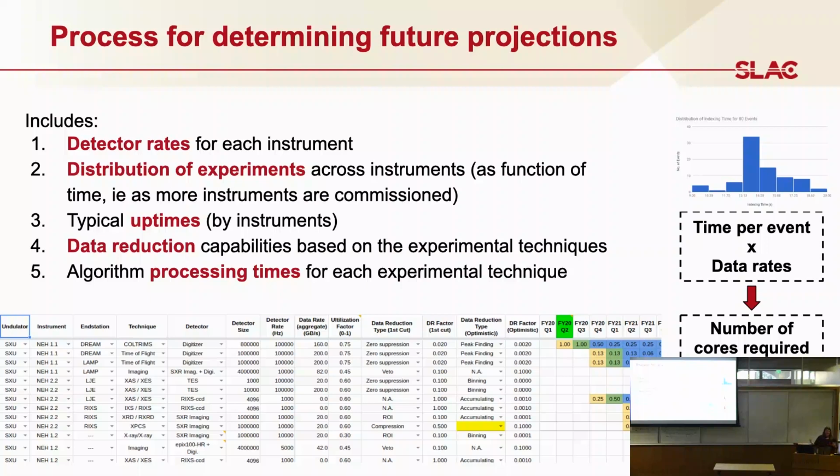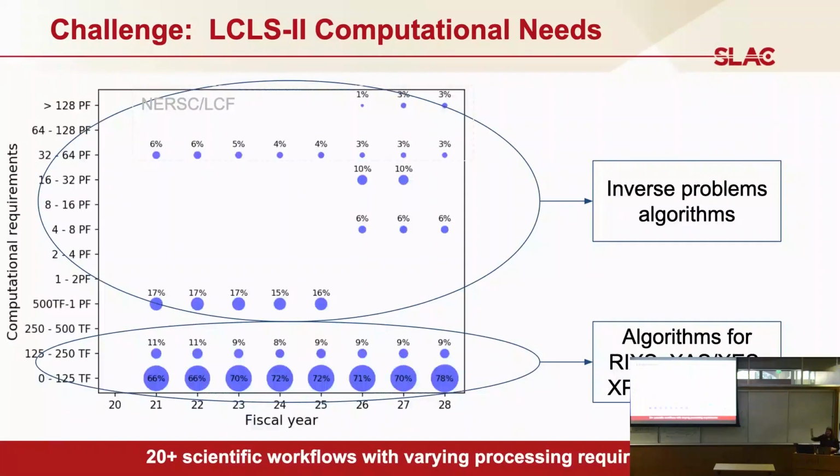And we ran all of these on candidate data sets, and we put them against a time axis, so that we said, okay, when we start up, we're going to start up with the soft X-ray, so these experiments will get all the time, and then later we'll introduce something new here, and that will get more time. And so we did the best estimate we could to show how much beam time they get. We folded in how much uptime experiments actually have historically, and we put it all together. And that's how I generated the plots that I showed before.